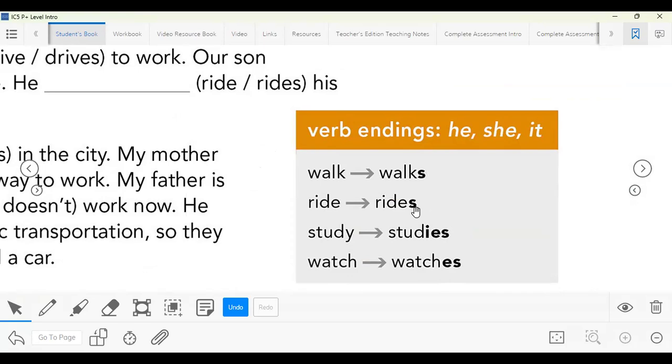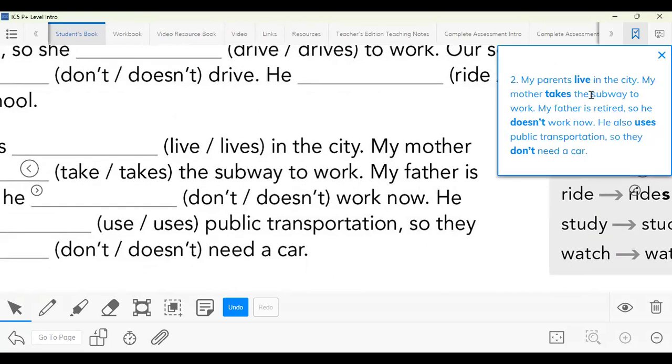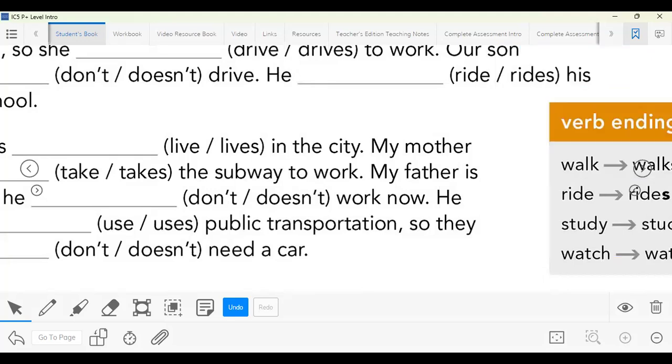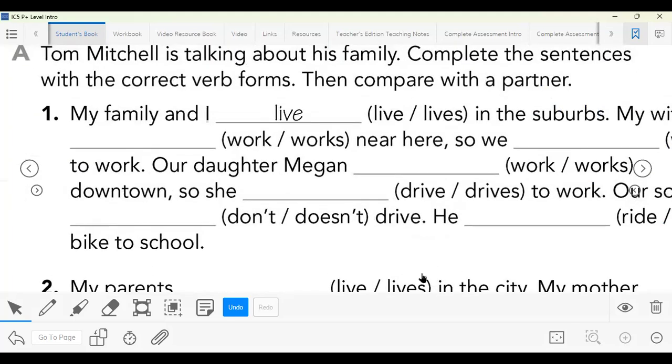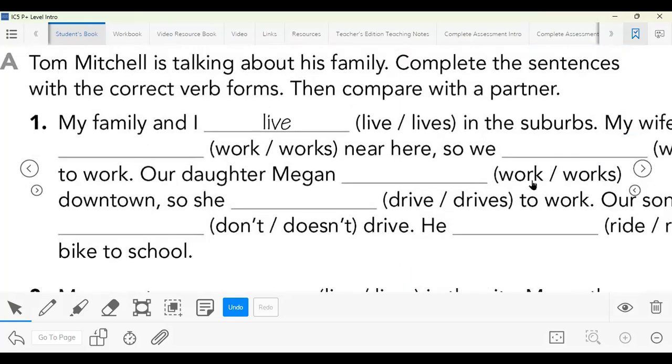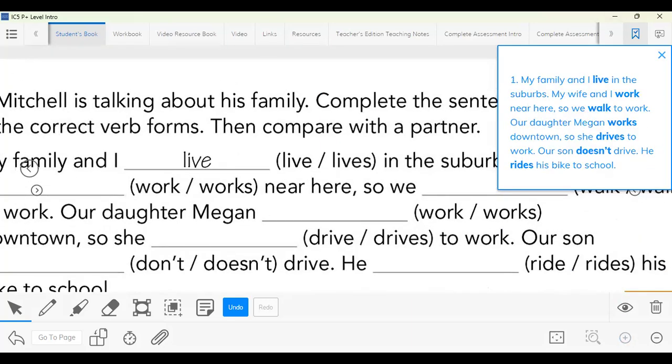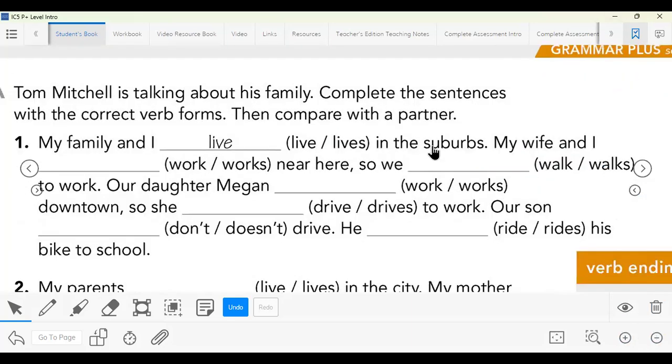You just add S, second, ES, and number three, IES. No more. So let's do it here in one go because now you are experts. Oh my goodness, I'm showing you the answer. Okay, who wants to start? Just read it.